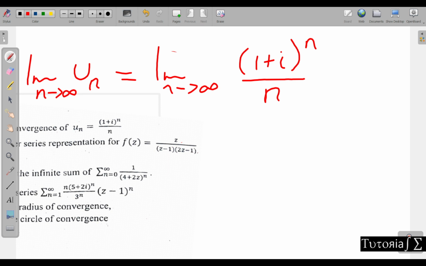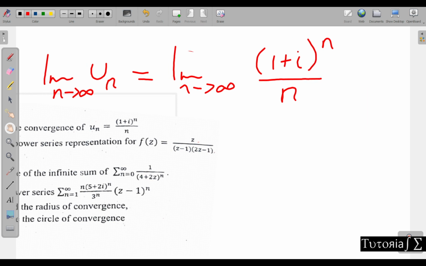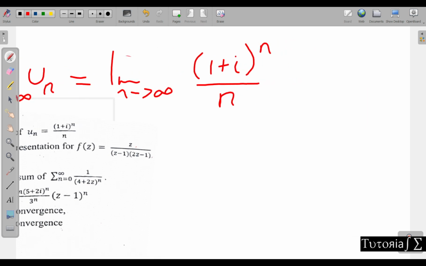Okay. Now, looking at this, when you apply the limit directly, when this number is raised to infinity, it will approach infinity. Even n will approach infinity.